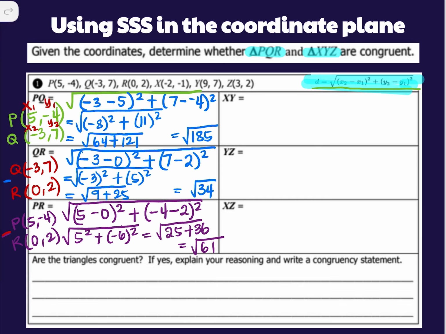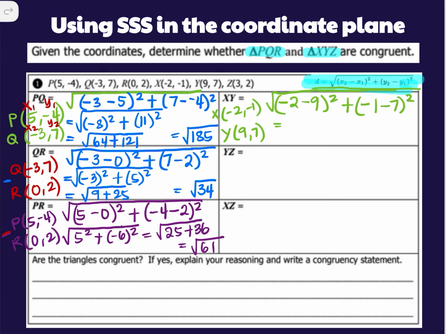So we have the ordered pairs for X and Y. X has coordinates -2 and -1. Y is 9 and 7. So -2 minus 9 to the second power, and then -1 minus 7 to the second power.